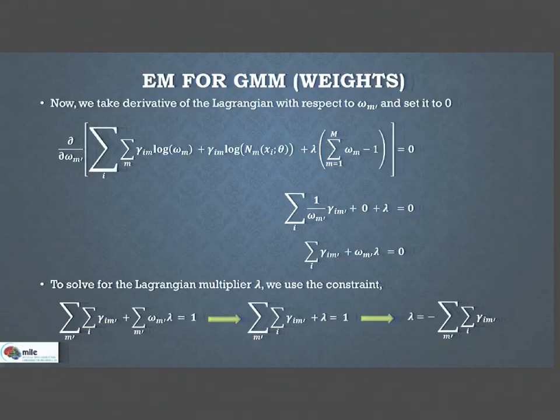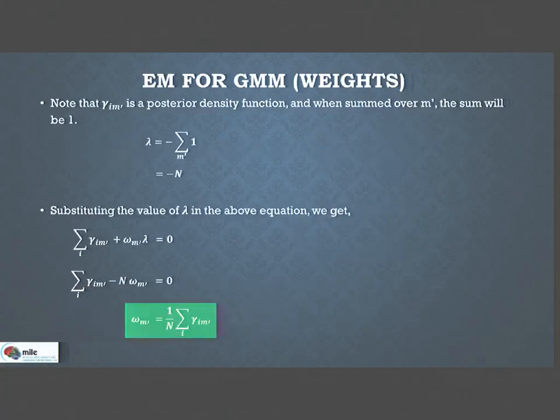As gamma_m is a posterior density function, when it's summed over m, you will get 1. This summation is summed i times, so it will be n. That's how you get lambda equal to minus n.